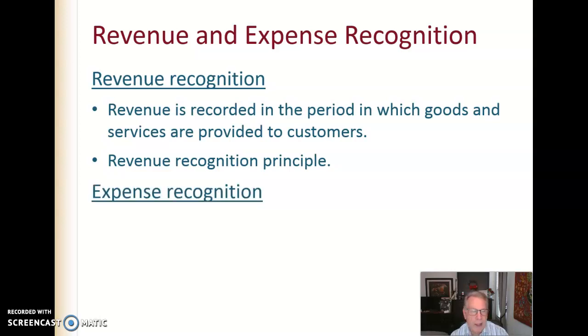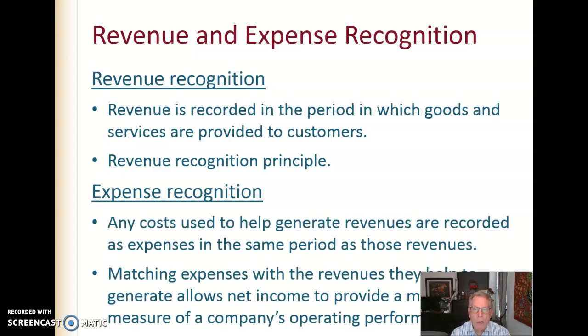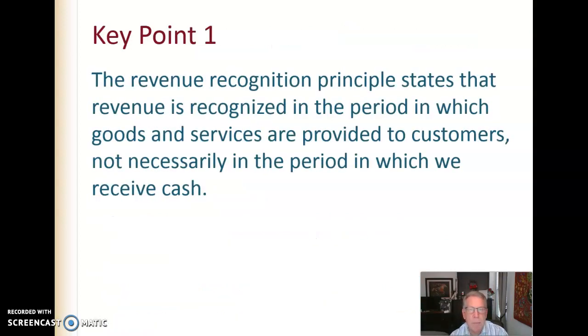The expense recognition principle, which I often refer to as the matching principle, are the costs necessary to generate those revenues, and we want to record those in the same period as the revenues that those costs help to generate. So we're going to match those expenses with the revenues, and it will give us a more useful measure of that company's operating performance.